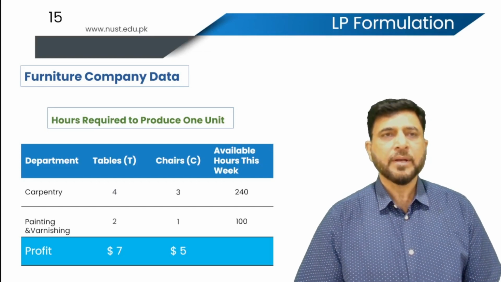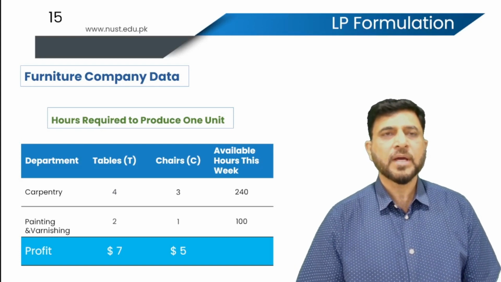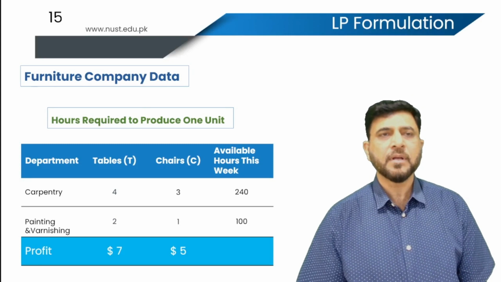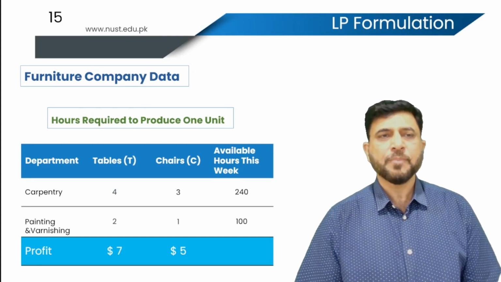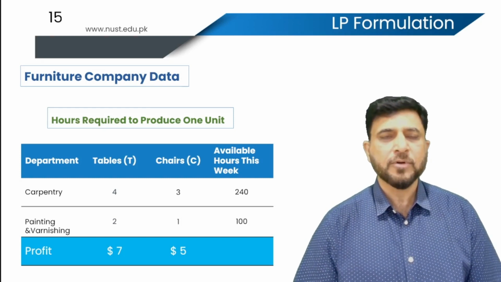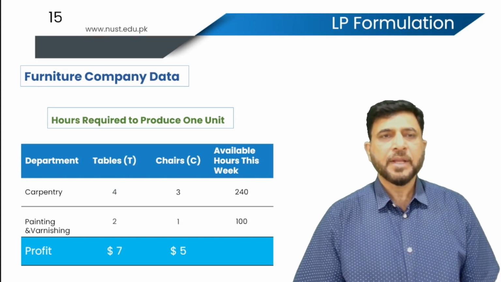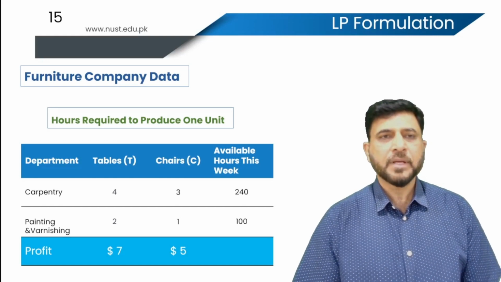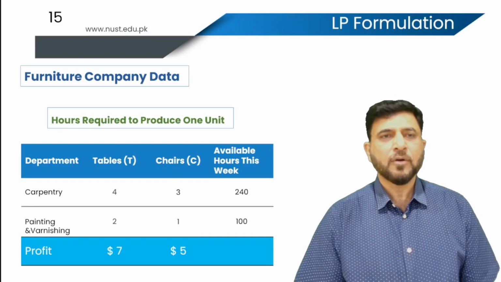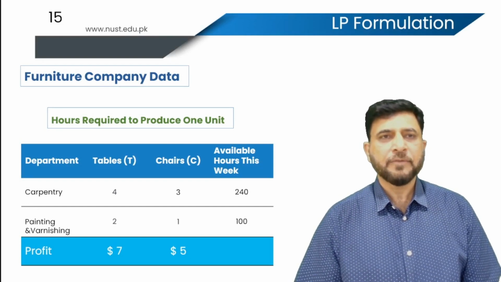Carpentry requires 4 hours of work for a table, while a chair requires 3 hours of carpentry work. Similarly, a table requires 2 hours of painting and varnishing work, while a chair requires 1 hour of painting and varnishing work. Going to the profit, a table, after it is made, gives a profit of $7, while a chair gives a profit of $5.